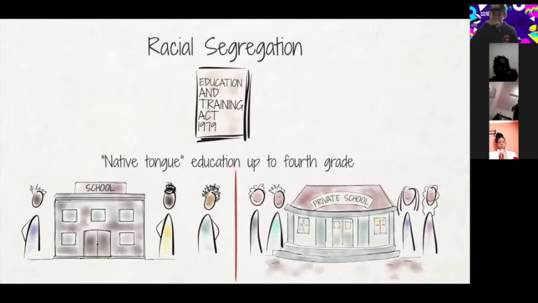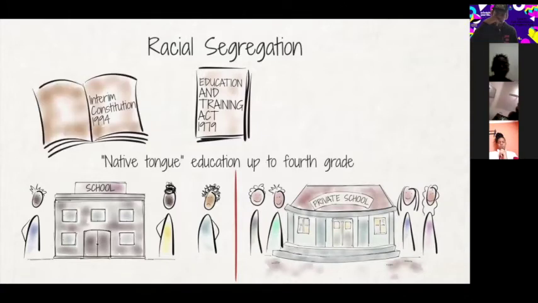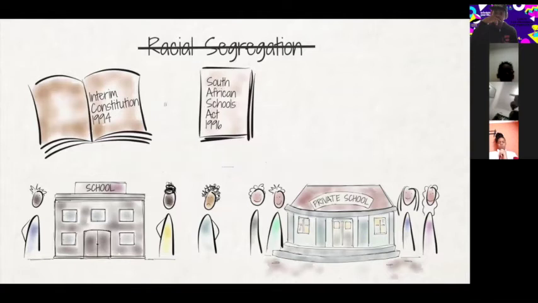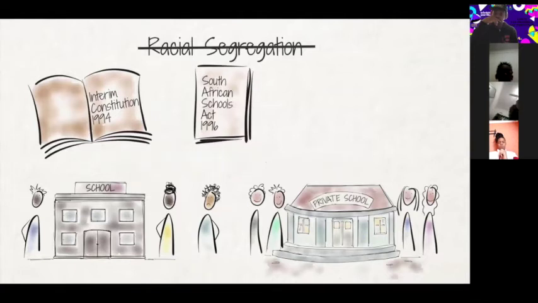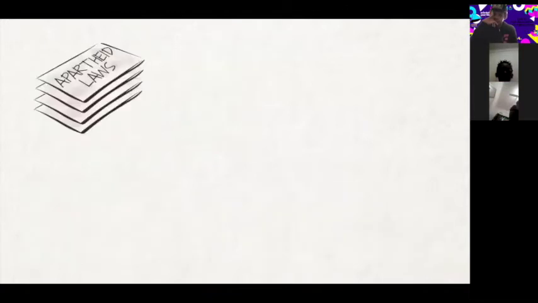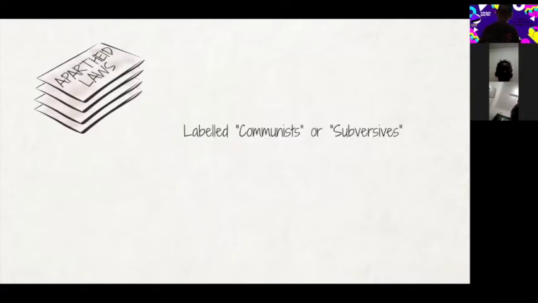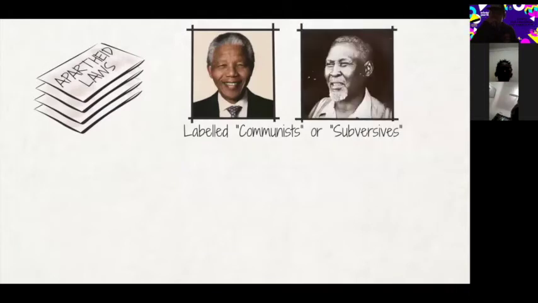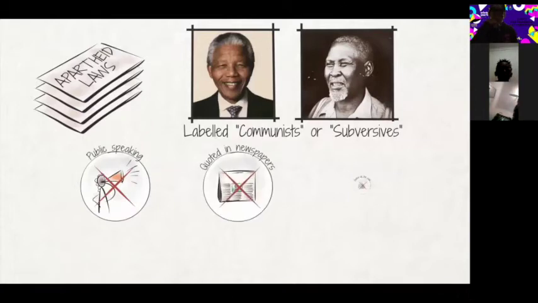Only with the introduction of the interim constitution in 1994 did racial segregation become unconstitutional, and the 1996 South African Schools Act replaced the Education and Training Act. Over 20 different apartheid-era laws also prohibited people who were labeled communist or subversive, like Nelson Mandela or Albert Luthuli, from speaking in public, being quoted in newspapers or on radio.